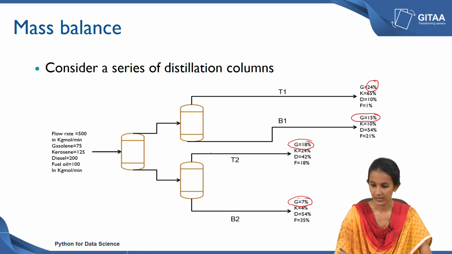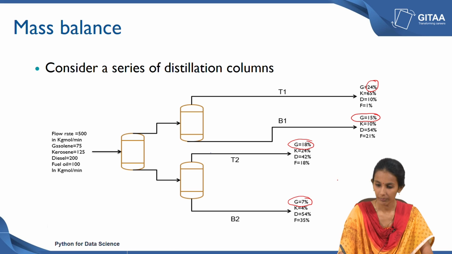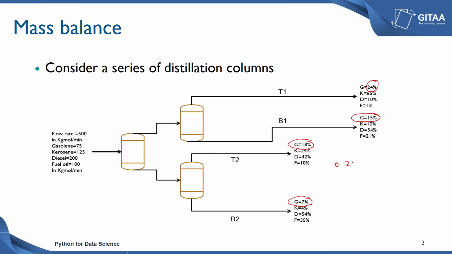Now we will write the system of equations: 0.24 of T1 plus 0.15 of B1 plus 0.18 of T2 plus 0.07 of B2 equals 75. Basically, input flow rates must be equal to output flow rates. So this is for the first one.